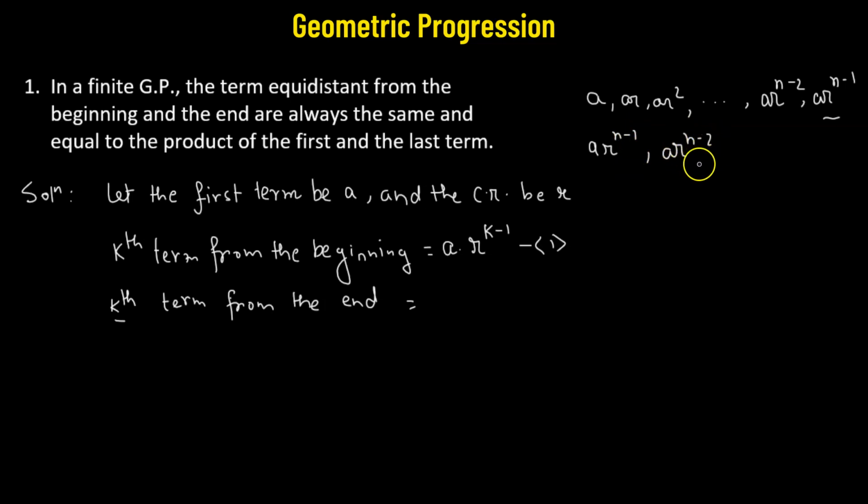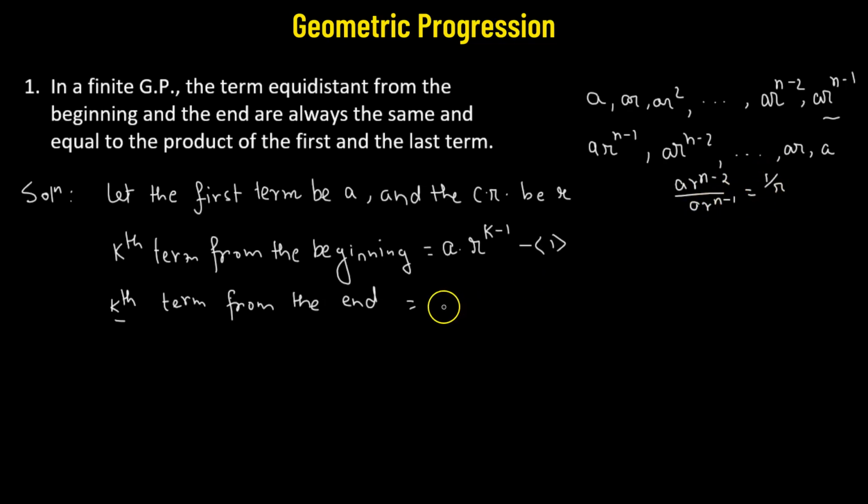So this becomes the second term, and finally at the end we have ar and a. So in this case, the common ratio is not going to be r, but it's going to be 1 over r. We can check that: if we consider the second term, ar raised to the power of n minus 2, divided by ar raised to the power of n minus 1, then this ratio is equivalent to 1 over r.